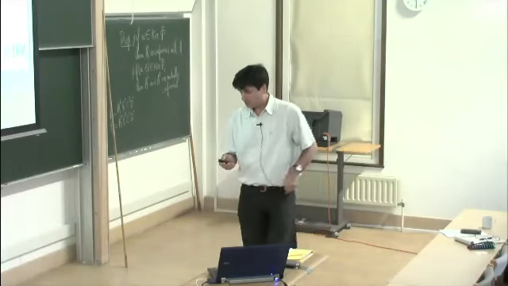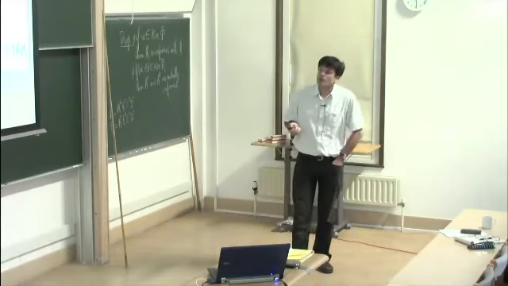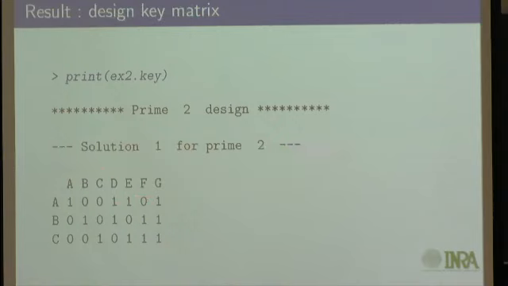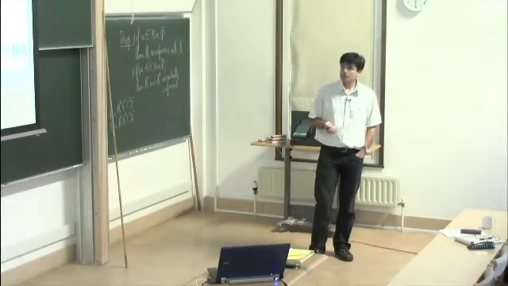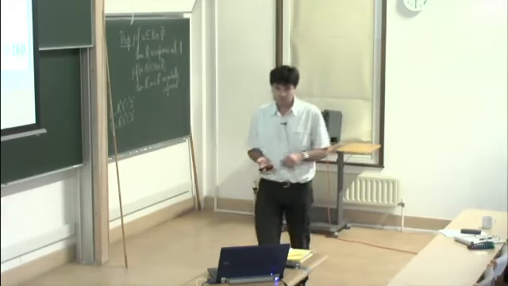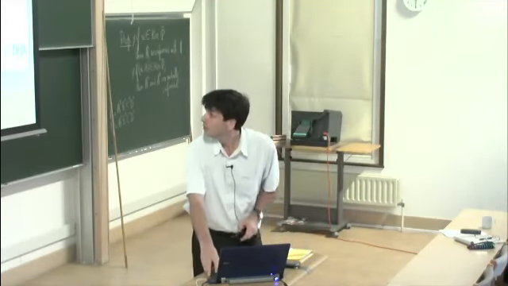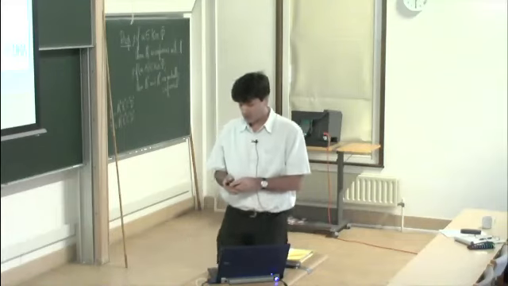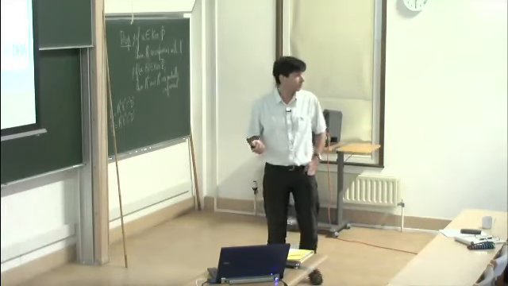And finally, the result is the following one. One solution is to have D equal to AB, E equal to AC, F equal to BC, and G equal to ABC. Okay, and if you use these confounding relationships in the fraction, you can estimate all the main effects. Of course, the aliasing relationships are now a bit more complicated.